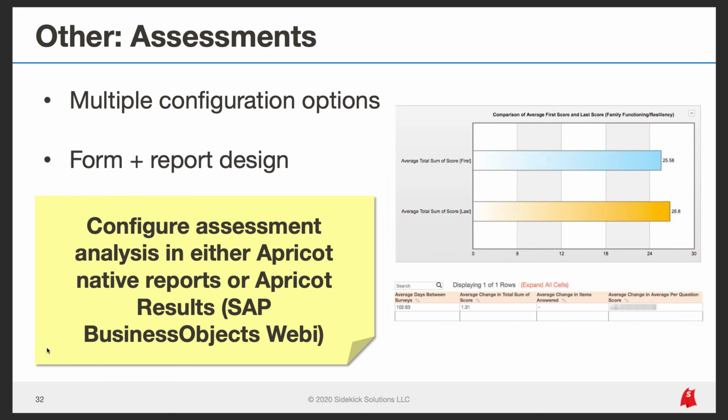There are a lot of decisions to be made around assessments, and it really all revolves around reporting decisions and whether or not you intend to report on Apricot assessments, screenings, or evaluations in native reports, or if you intend to use the Apricot Results SAP Business Objects Webi solution, which is only available in Apricot 360. Again, I'll point you to our webinar on assessment, scales, and scoring to dive more into those solutions.